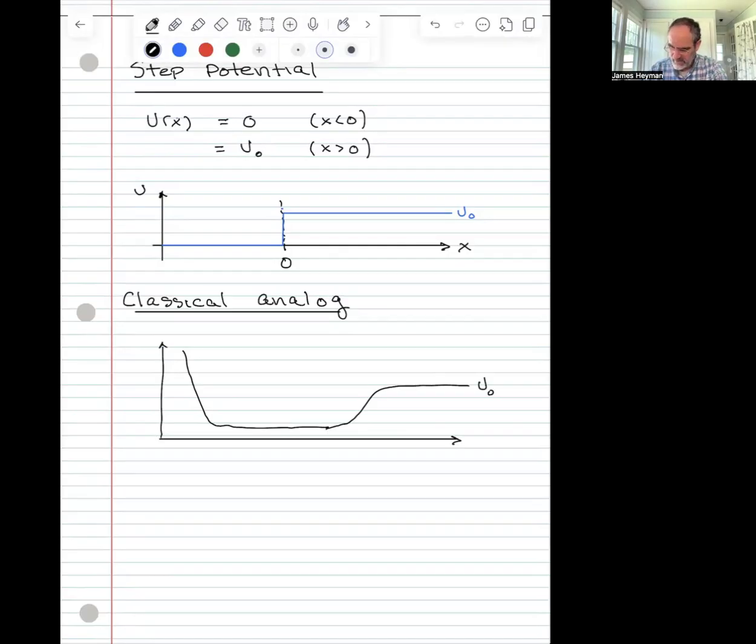So this is the height of the ramp. And now, just to make contact with our drawing above, x equals 0 would be here.